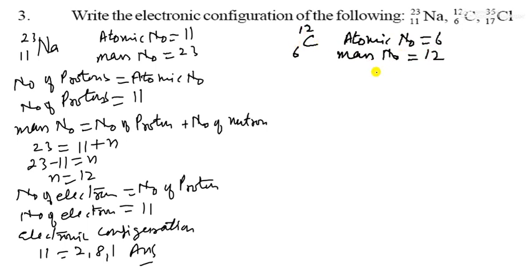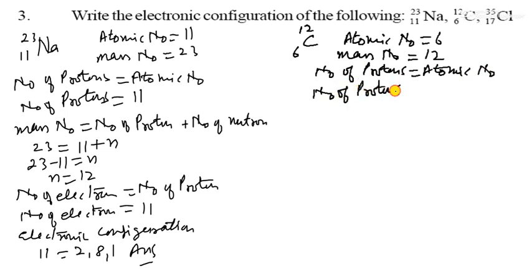This is the mass number. Now the number of protons is equal to the atomic number. So how can we find the number of protons? The atomic number is 6, so the number of protons is 6.